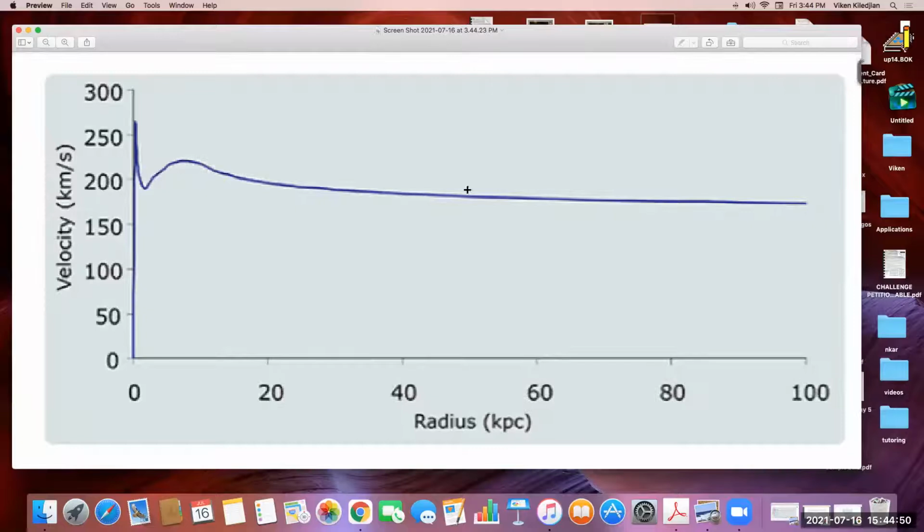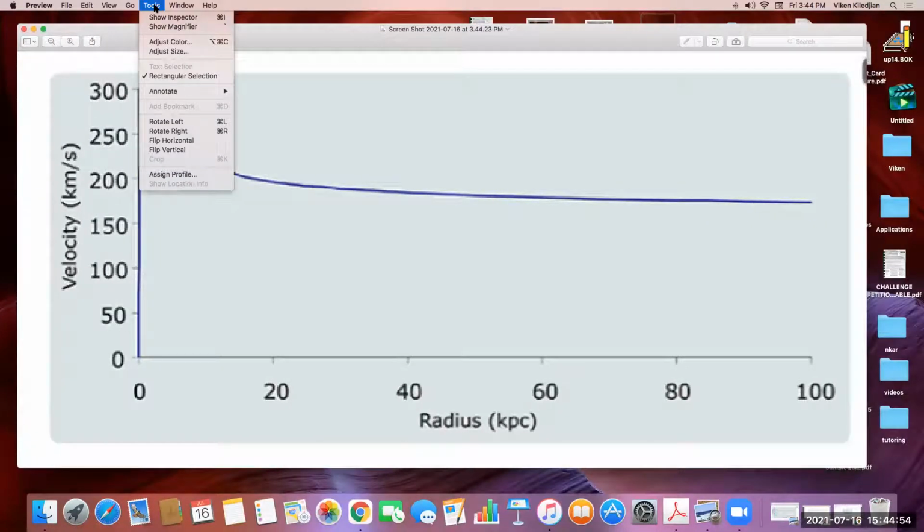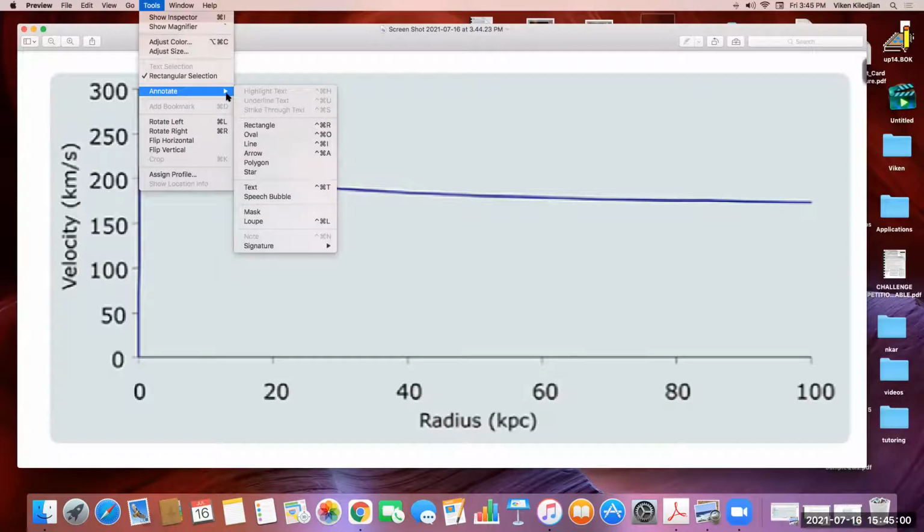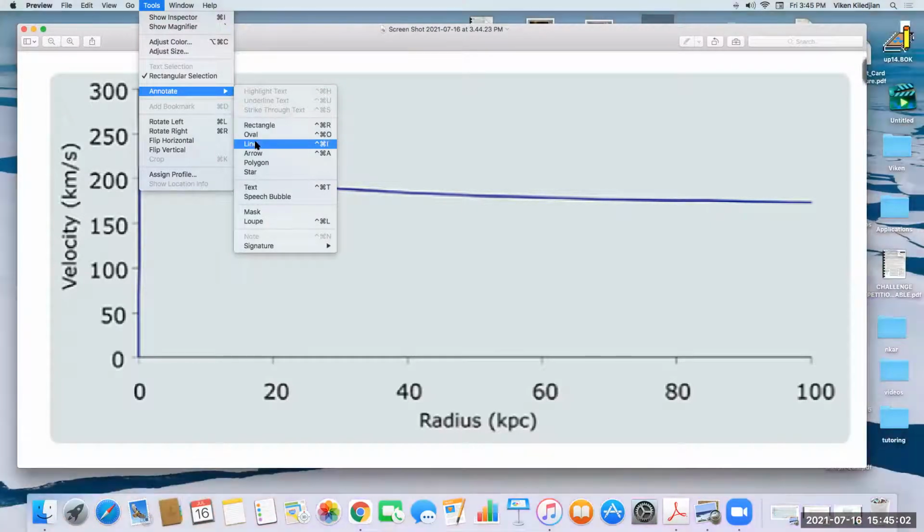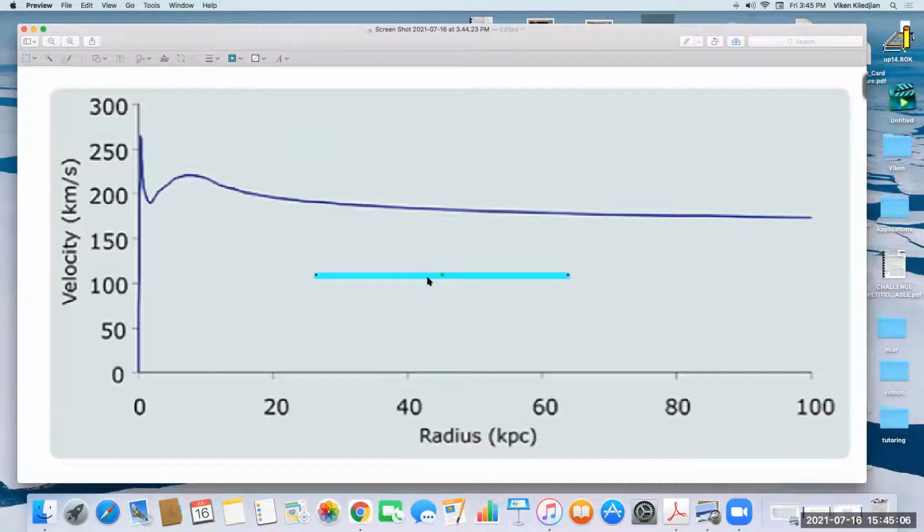Okay, so what I could do is maybe tools, let's say annotate, line. Okay, so you see the 0.3.